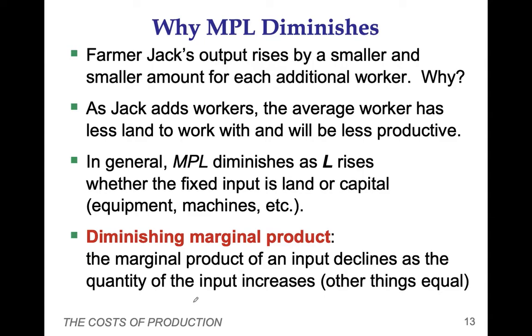As we increase the quantity of any input, whether it is labor or capital or whatever, the production curve is going to flatten, meaning that the marginal product of that input is decreasing as its quantity increases. So it is like a law here.